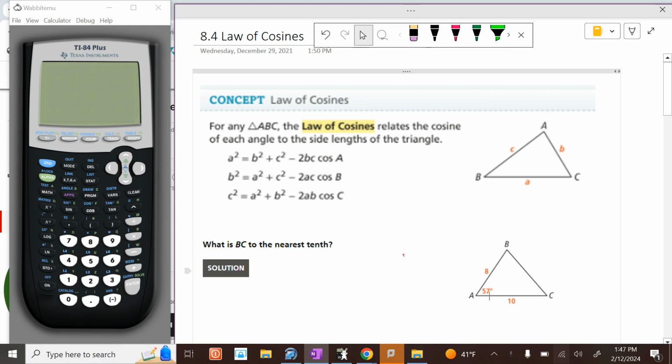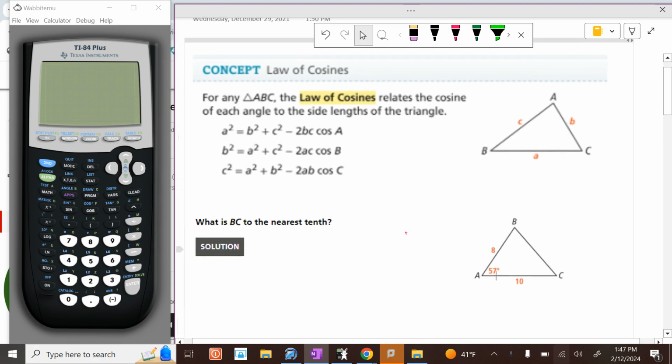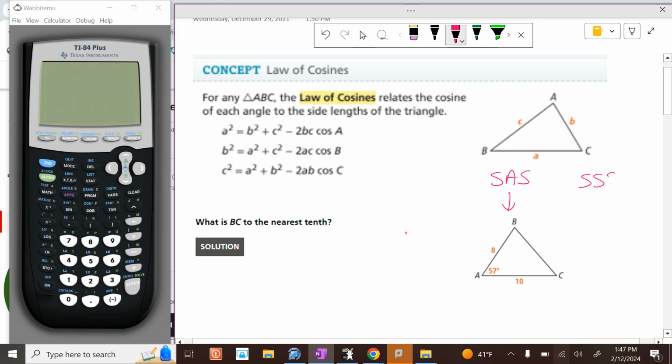We aren't given any opposites, so we cannot use the law of sines. The only time you can use law of sines is when you have opposites. If you don't, then you have to do law of cosines. Law of cosines is when you're given side angle side, like that one there, or side, side, side.